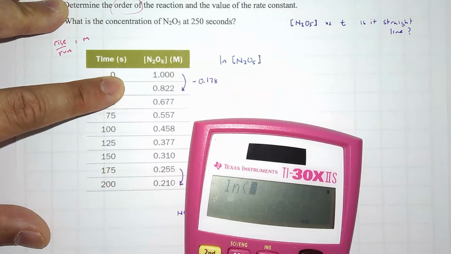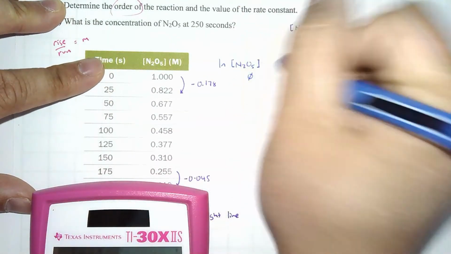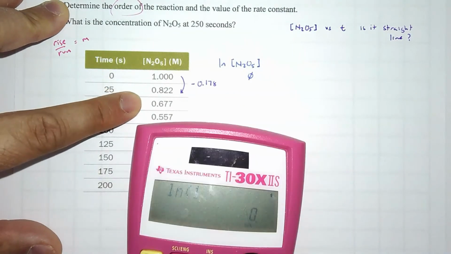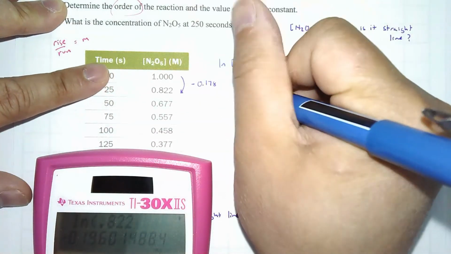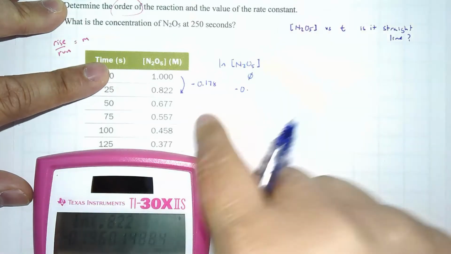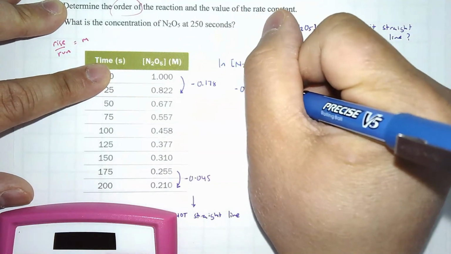Therefore, the ln of 1 equals 0. So I have a 0 right there. The ln of 0.822 equals negative. Don't worry that it's negative. We're still going to do the same analysis that we did here. Just find the difference in the 2 data points.